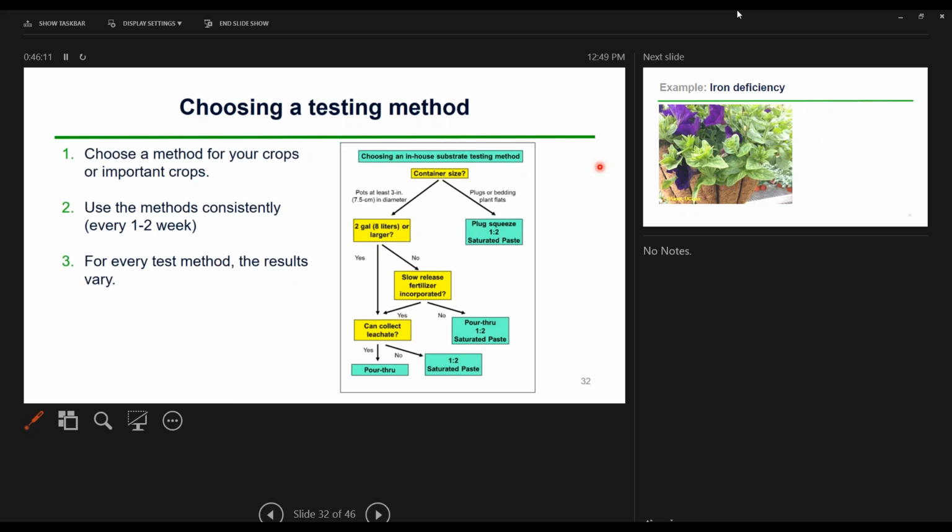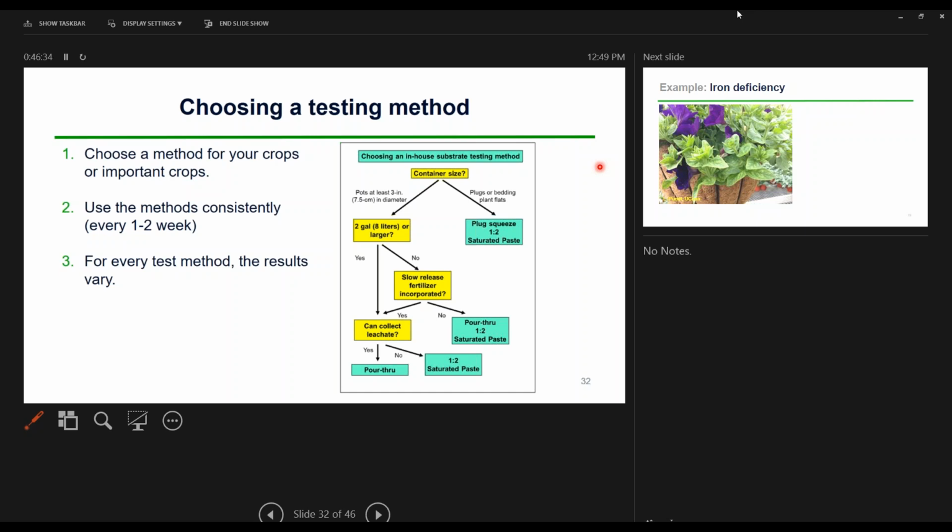And then for every method, the test results vary. So let's make sure that if you decide, okay, I'm doing large containers, so I'm going to be doing pour through, then you can just collect the leachate. Make sure that you always compare your number to the pour through in the tables of reference.